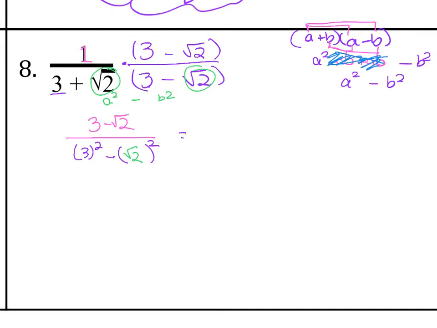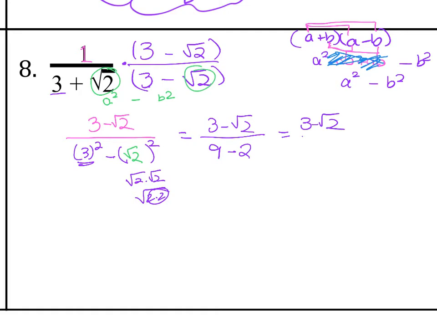Let's simplify. The numerator is 3 minus root 2. 3 squared is 9 minus square root of 2 squared. I hope you see that it just cancels out, because square root of 2 times square root of 2, there's 2 2's in there, so it's a perfect 2. So 9 minus 2. Be careful. Then we have 3 minus square root of 2, and 9 minus 2 is 7. And now we are done.